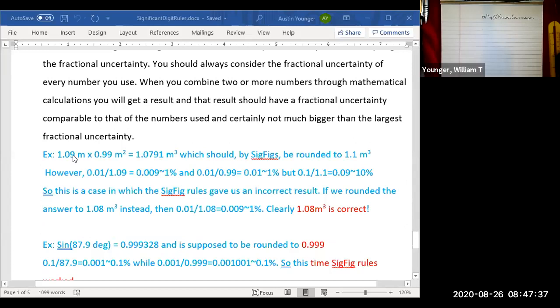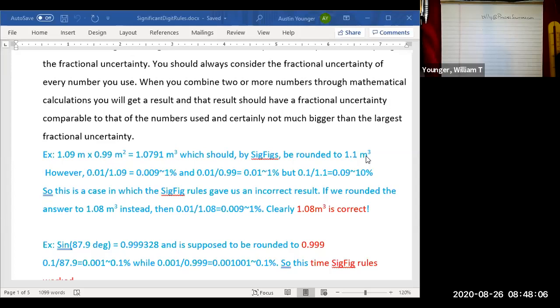So for instance, 1.09 meters times 0.99 meters squared gives me 1.0791 cubic meters, which by the SigFig rules, notice, should only be 2 SigFigs. That's 1.1 cubic meters. However, 0.01 divided by 1.09 is 0.009, which is about 1%. 0.01 divided by 0.99 is also about 1%, but 0.1 divided by 1.1 is actually almost 10%.